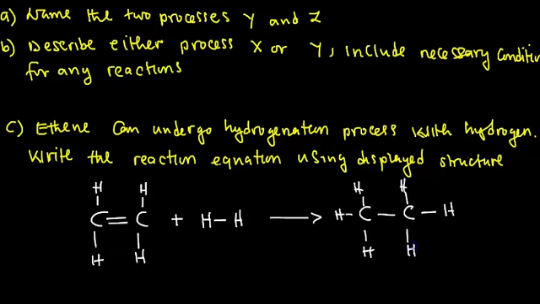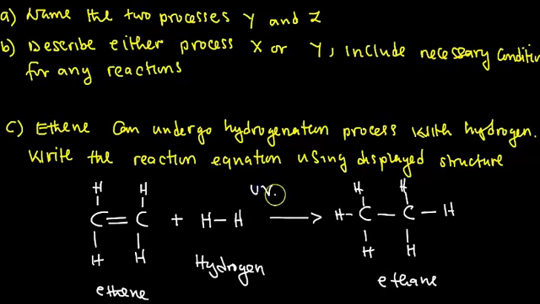Hydrogenation converts alkenes into alkanes, so in this case ethene into ethane. That is what forms. Now, what are the conditions? UV light is one of the conditions, so UV light or high temperature.